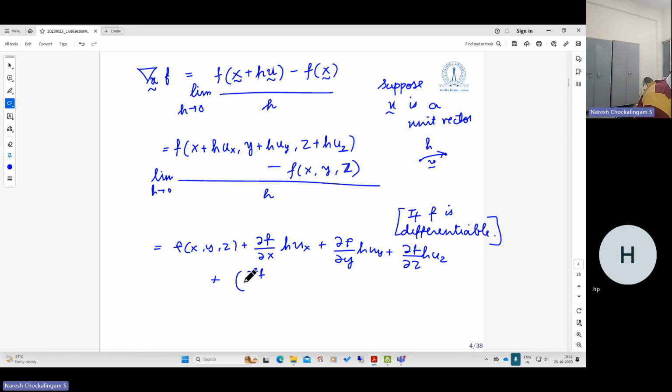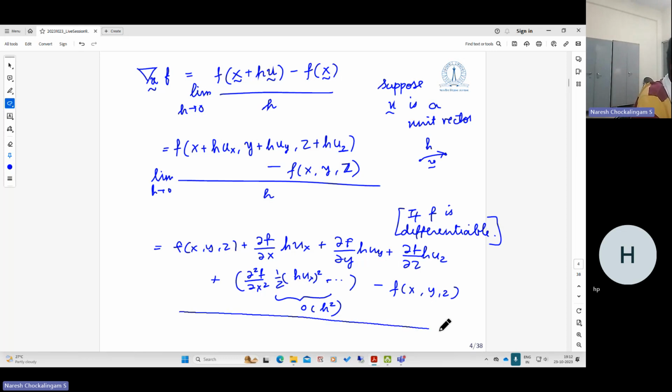So you may have del f square by del x square, 1 by 2 h u x the whole square, and so on. But all of these have the term h square minus f of x comma y comma z, the entire thing divided by h, again in the limit h going to 0.